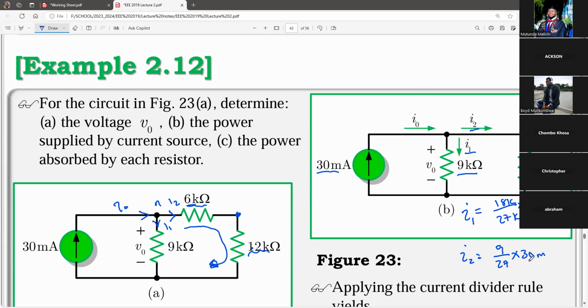And once we have that voltage V0, then we can determine the power that is supplied by the 30 milliamp, the power that is absorbed by the 18K. We already know how that can be done. Is that clear?